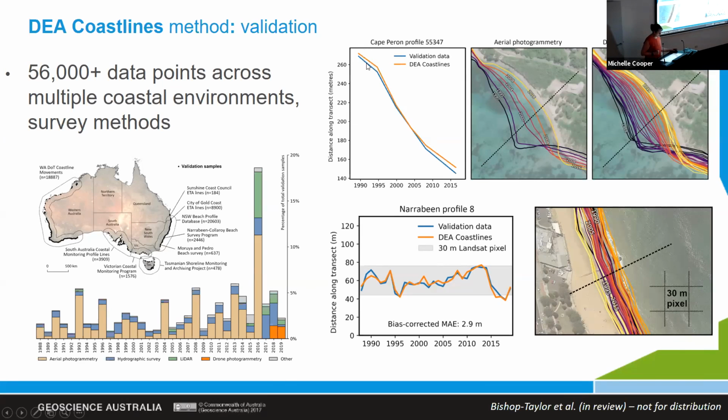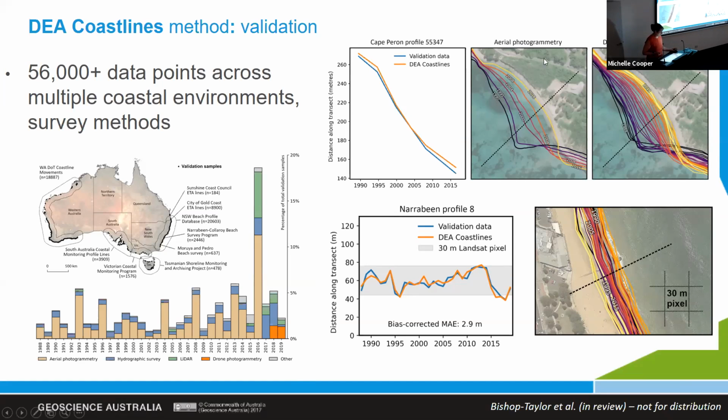And the blue line is the validation data set. The validation data set is based on aerial photogrammetry. Here, you can see from 1990, 95, so on and so forth, about every 5 to 8 years, they've run these air photo collection exercises. They've gone through the expensive process of collecting it and interpreting it in a more manual manner. And it pretty much correlates to what we've got in the DEA Coastlines.